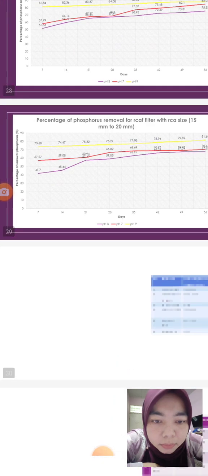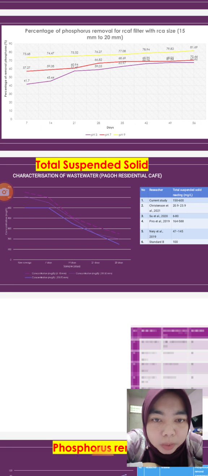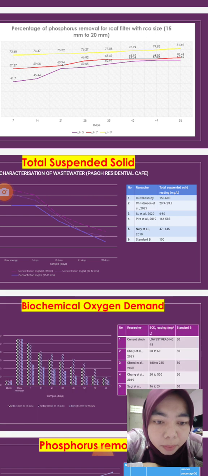Okay, next we go to total suspended solid. The current study was 150 milligram per liter to 600, and the previous study we can see compared with standard B, which is 100.